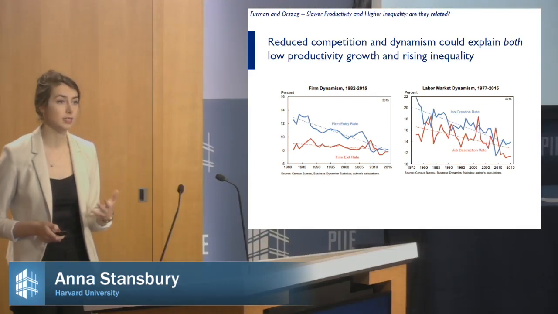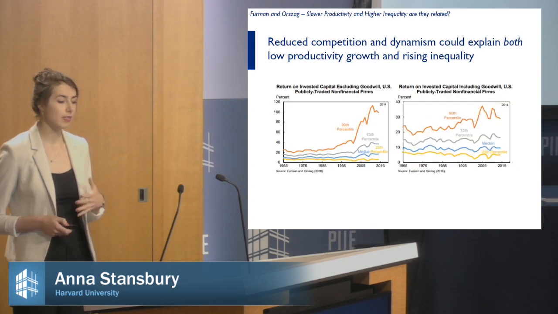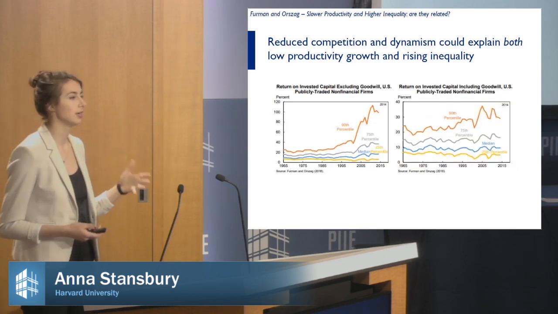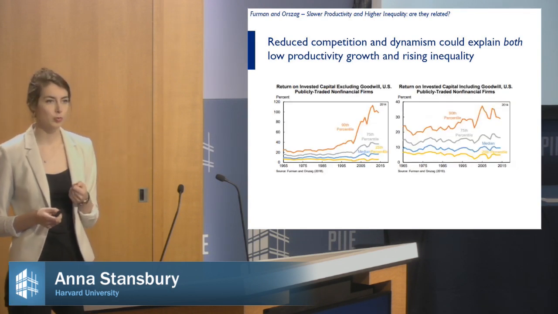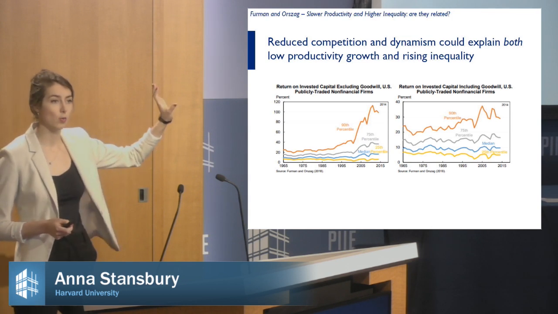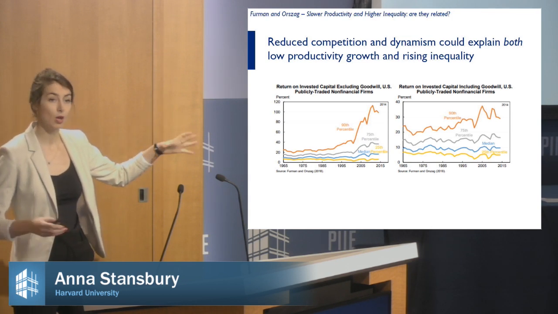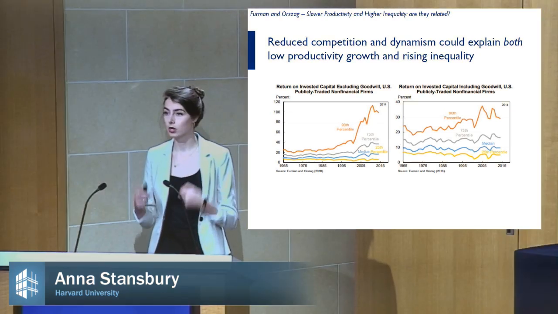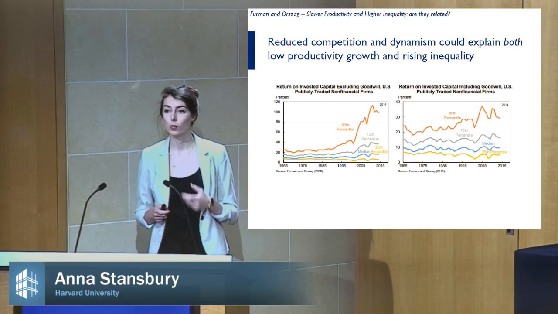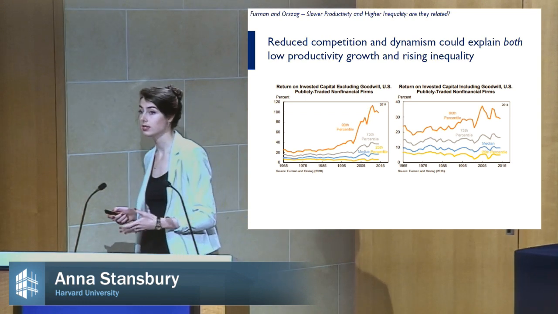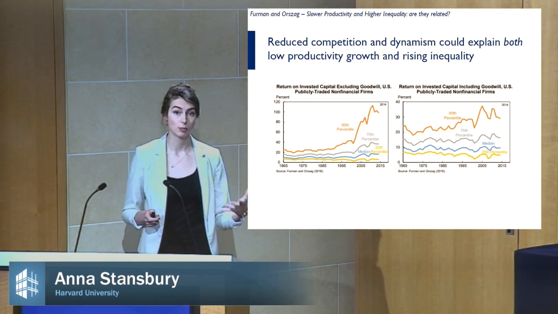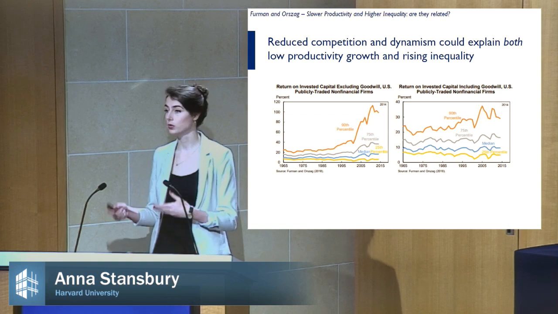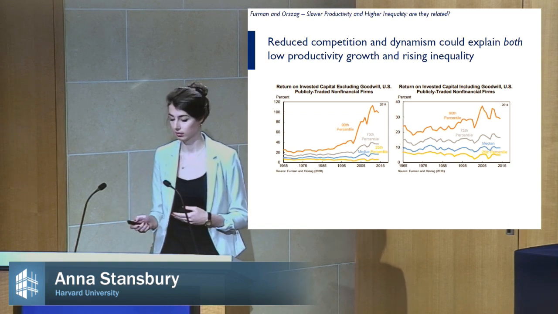They document rises in industrial concentration, and they document an increased dispersion in the success of firms, with the most profitable firms pulling rapidly away from the rest. All of these facts, they argue, are compatible with a decline in competition in the US economy, which, by leading to less investment and less innovation, would result in lower productivity growth and would also result in rising inequality.